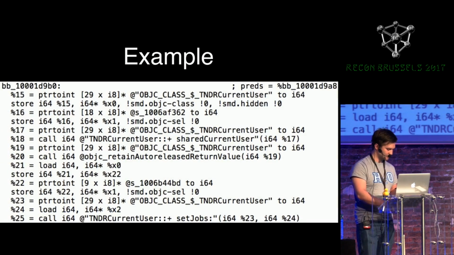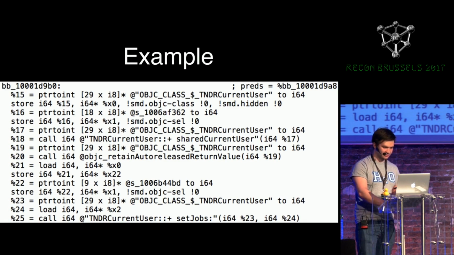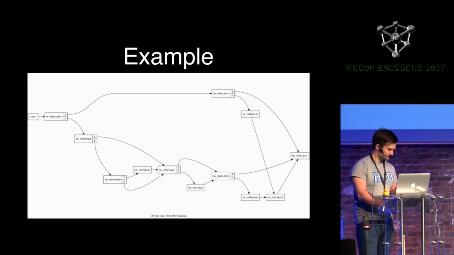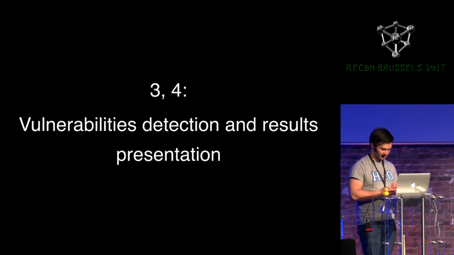And this is how this function was translated to LLVM. As you can see, we recovered names of called functions and precise argument types. And finally, this slide contains the control flow graph of the recovered function. So this is how binary recovery and translation is done by our translation tool.